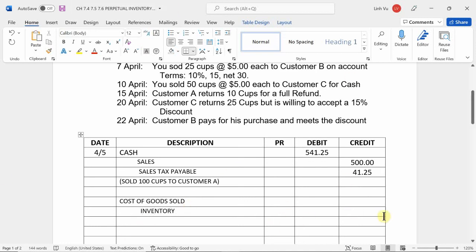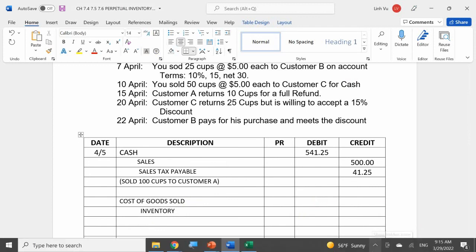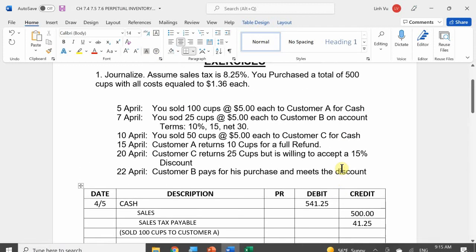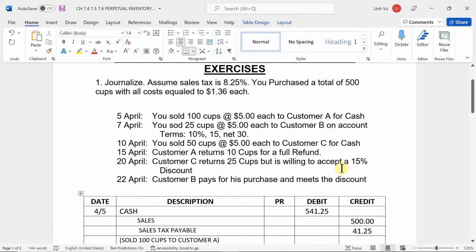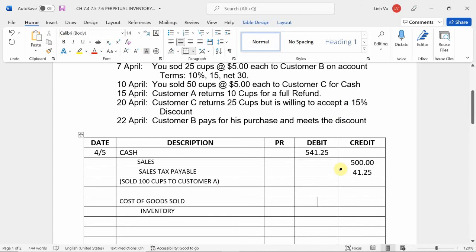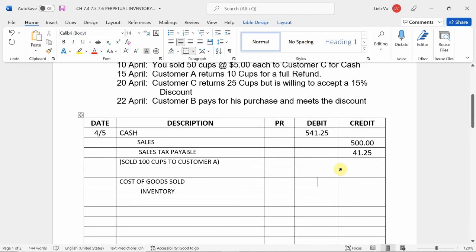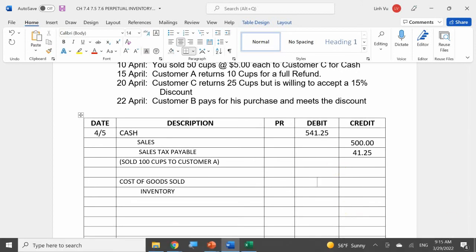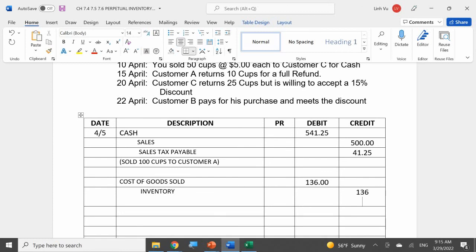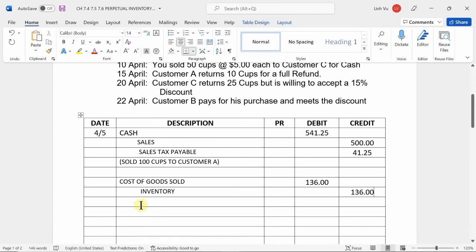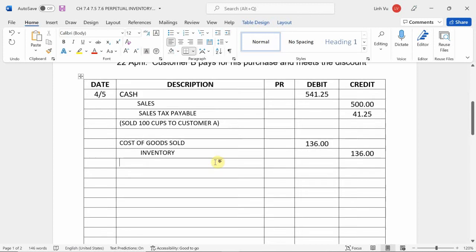So if it cost me $1.36 each and I sold 100 of them, how much is my total? 136. Okay. This is where you could have put that you sold 100 cups to customer A.